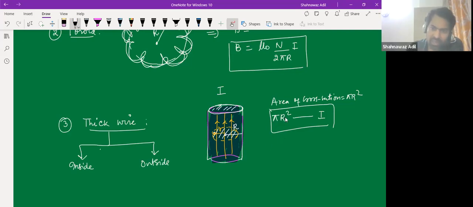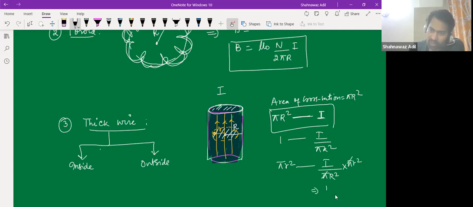In the whole pi r square, the current flowing is I. So in one unit area, it would be I by pi r square. So in the pi small r square cross-sectional area, the current would be this one.